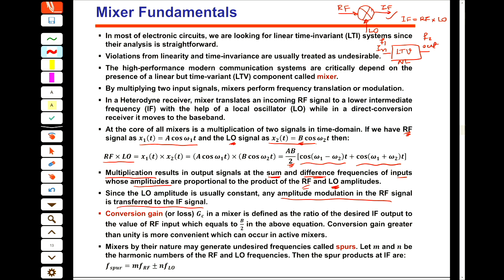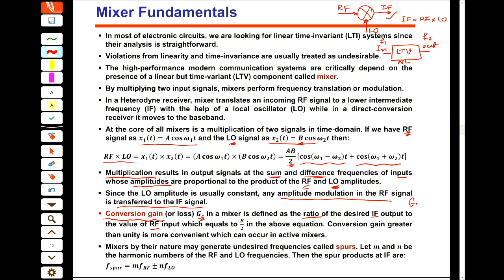And then we define a parameter with the name of conversion gain, and then we say that this conversion gain is the ratio between the IF amplitude and RF amplitude. I mean how much signal I send to this mixer, and then the result that I get in the output, what's the ratio between the amplitude of these two.